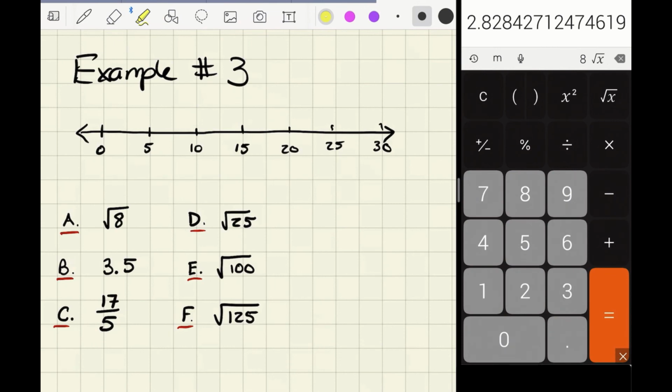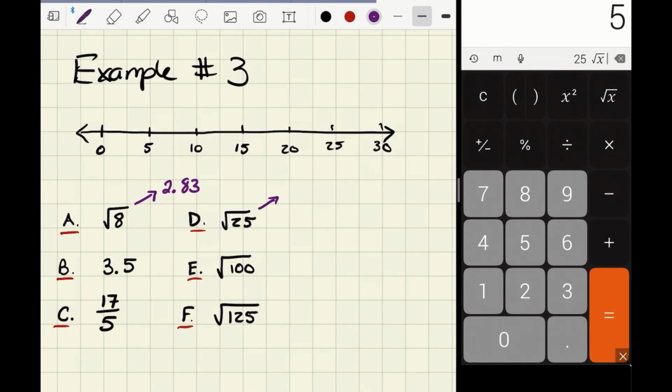Now notice that this number goes on and there seems to be no pattern to it. We'll talk about that in a later lesson, but ultimately we're going to need to round here to get our bearings. So the best approximation for the square root of 8 is going to be 2.83.